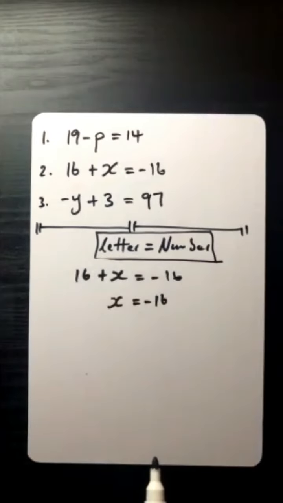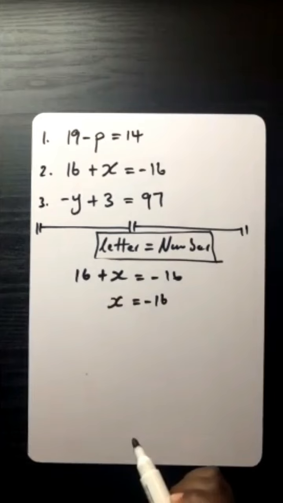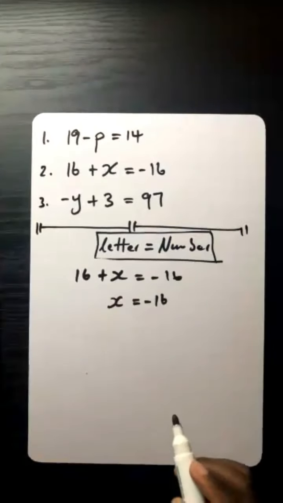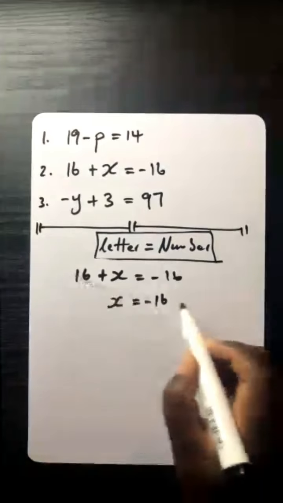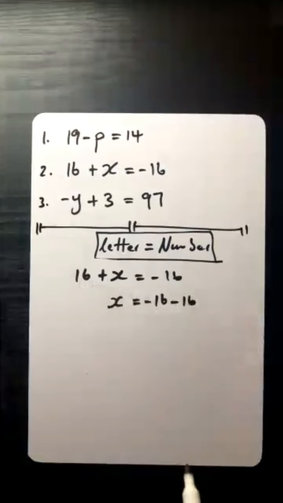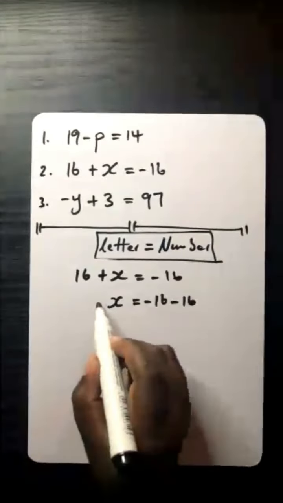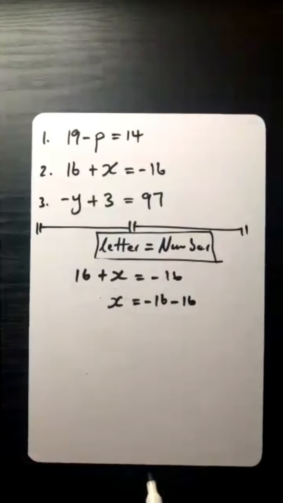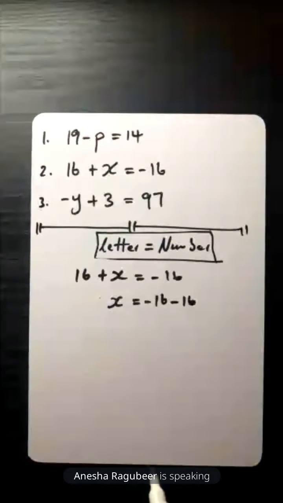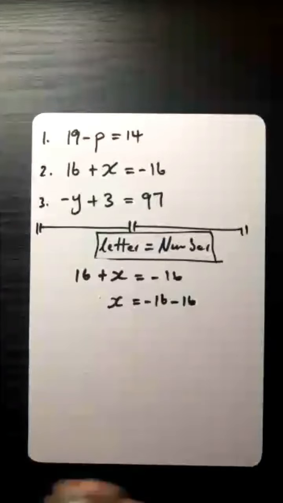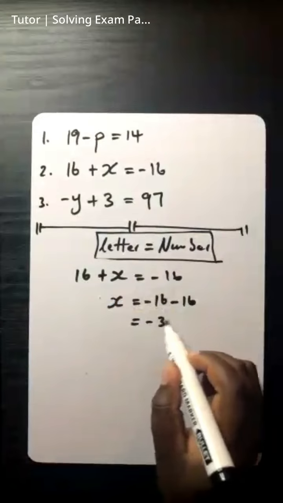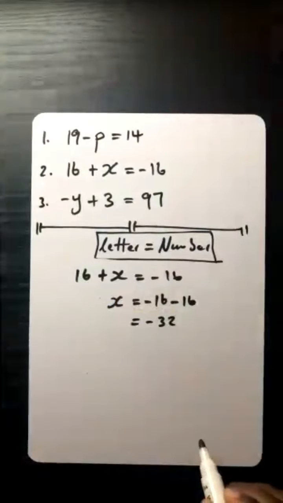When you transpose, it changes the sign to its opposite sign. Because it's positive over there, it's going to be negative 16. So can you see my unknown is positive, so I know I don't have any stress. I just punch all of these, then it's negative 32. This is the final answer, Shreyas.